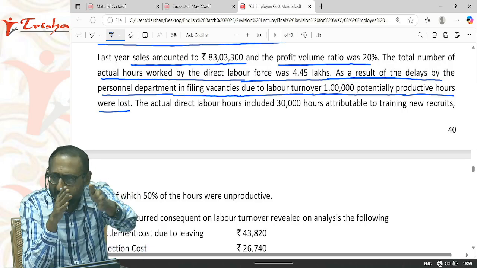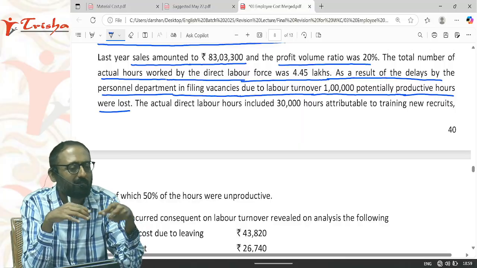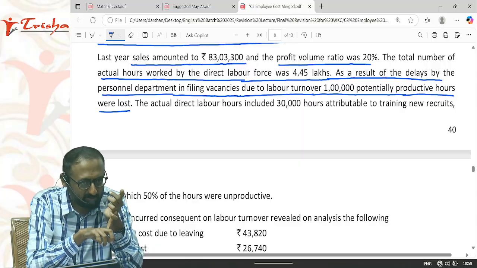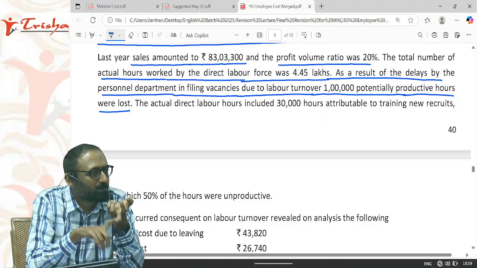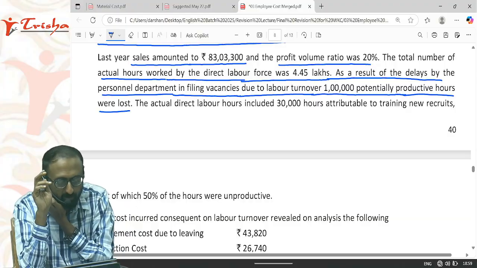Production was possible in that 1 lakh hours, but you have not produced because of delay in filling up the vacancies. So that 1 lakh hour wastage, production will get reduced, sale will get reduced, profit will get reduced. We'll have to calculate that profit forgone.